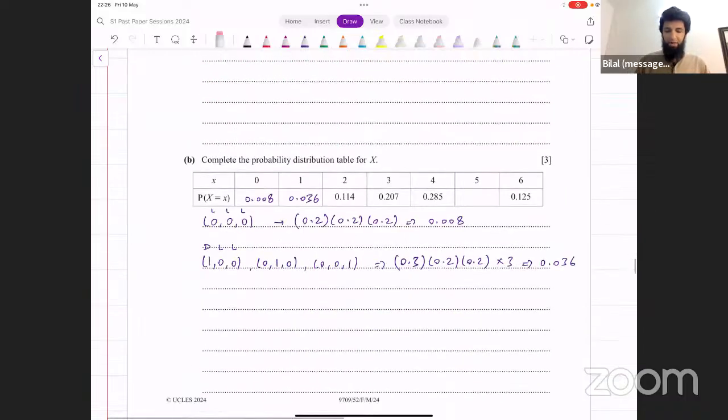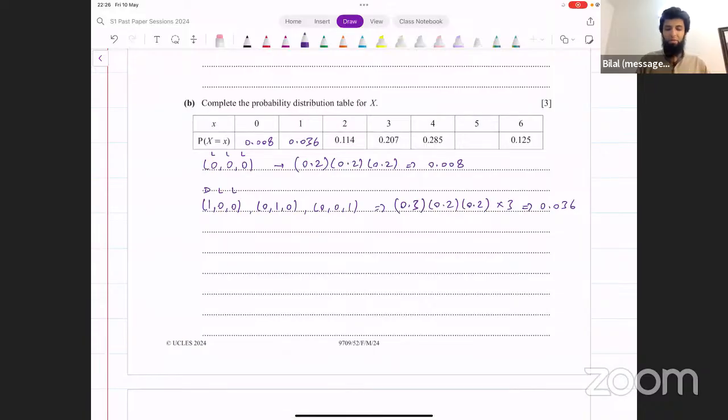In the second part, we had to complete this probability distribution table, okay? And we already found the probabilities for x equals 0 and x equals 1. Now, if you want, you can find the probability of x equals 5 separately as well by thinking of all the possible scores you can have for that.